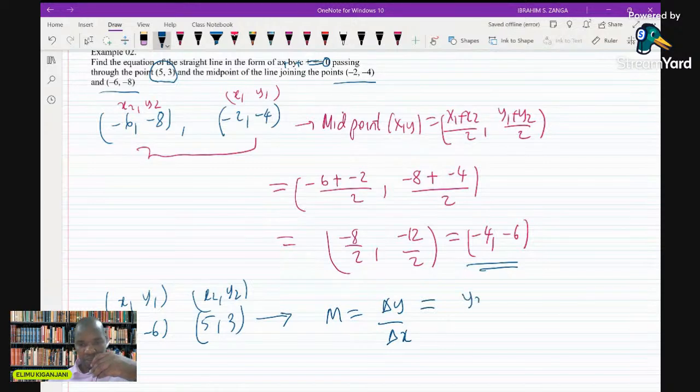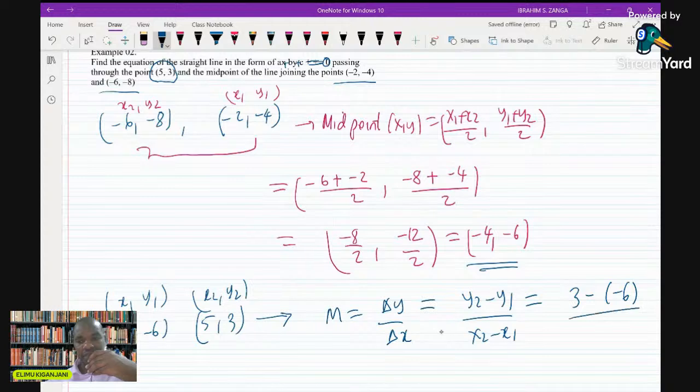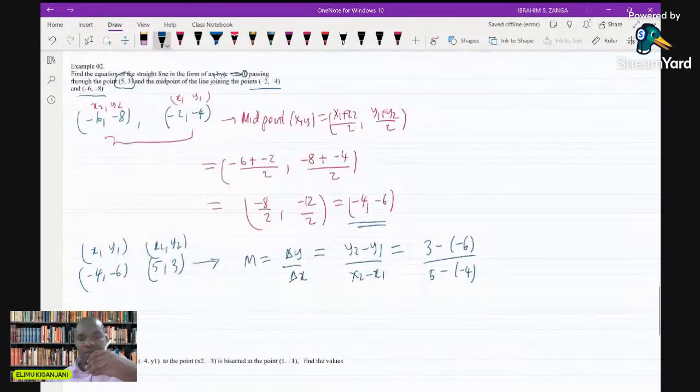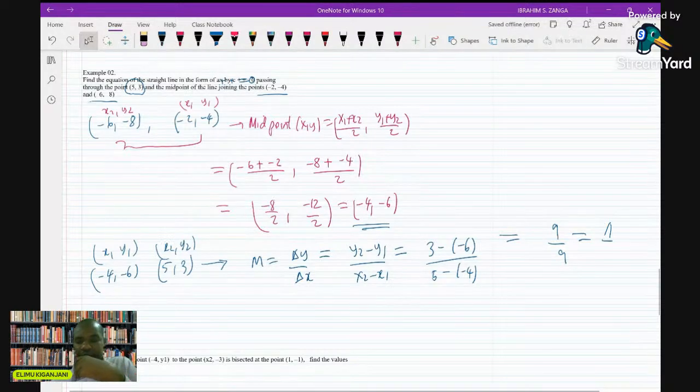We'll have y2 minus y1 over x2 minus x1. y2 is 3 minus negative 6, divided by x2 which is 5 minus negative 4. Combining these two expressions, we have 9 over 9, and the slope is going to be 1.